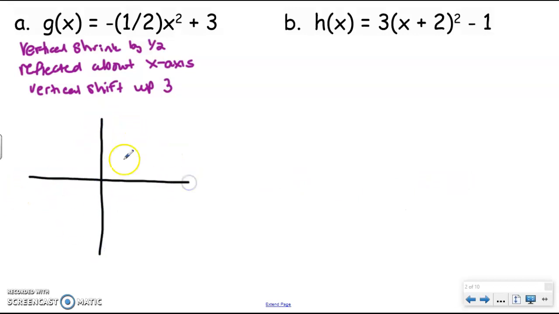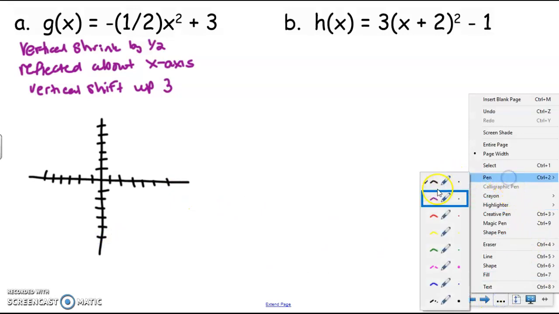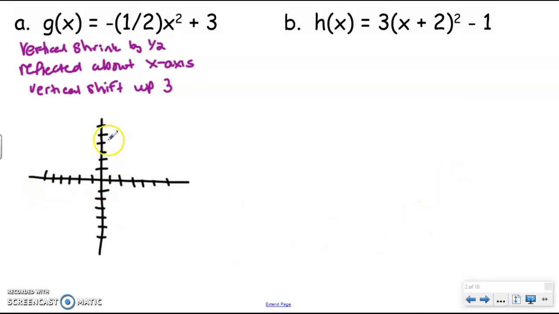So if I sketch a graph of this, the original, when I flip the original, we have one that goes upside down, shifted up 3, 1, 2, 3, and then is shrunk or wider vertically.